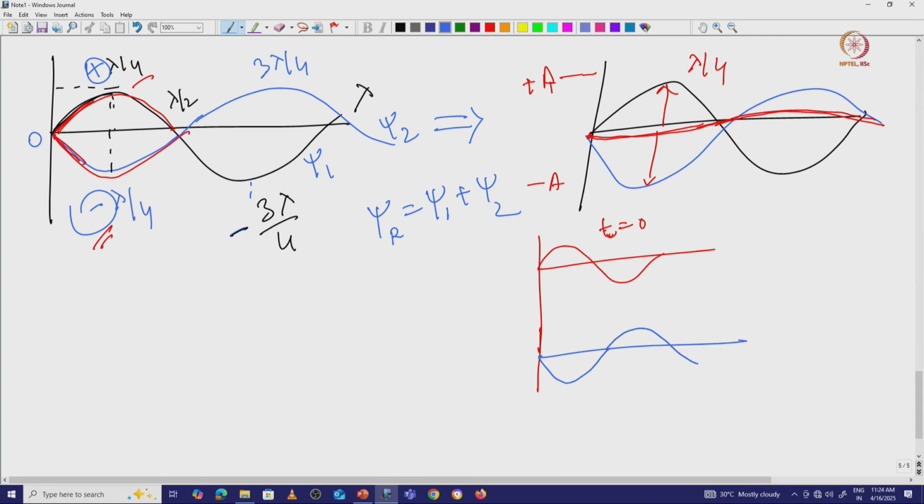opposite to each other, and if you put it in a phasor diagram, initially this one is coming in this particular direction, but in this particular case if you just consider, you will get it like that, okay, your actual wave, that red wave.